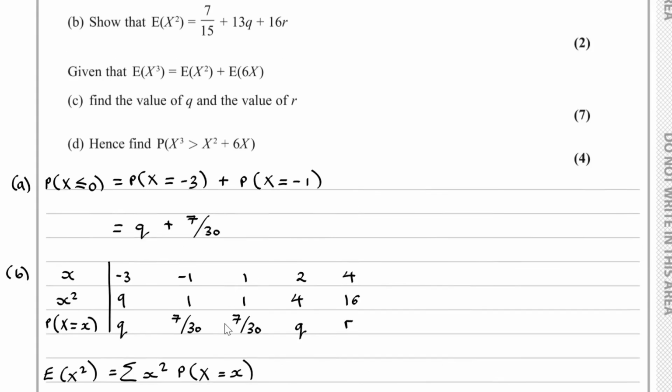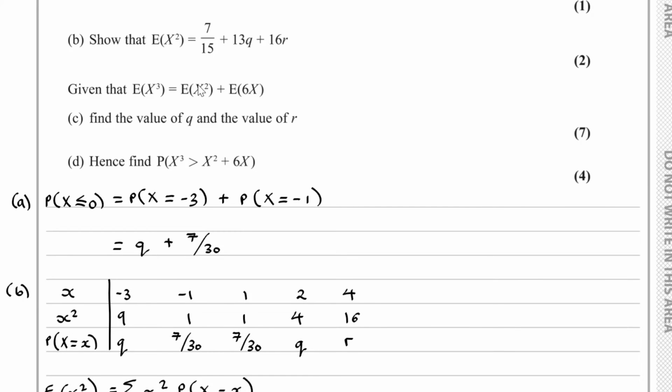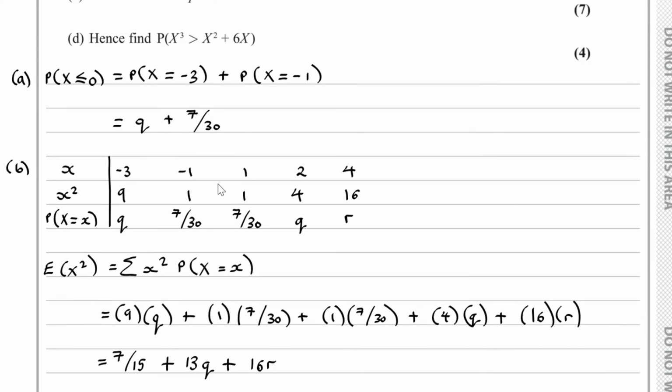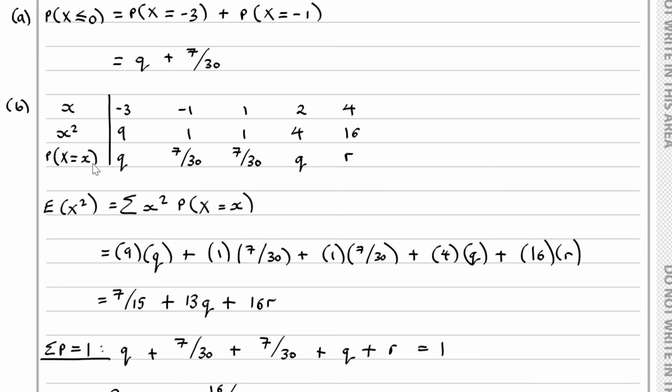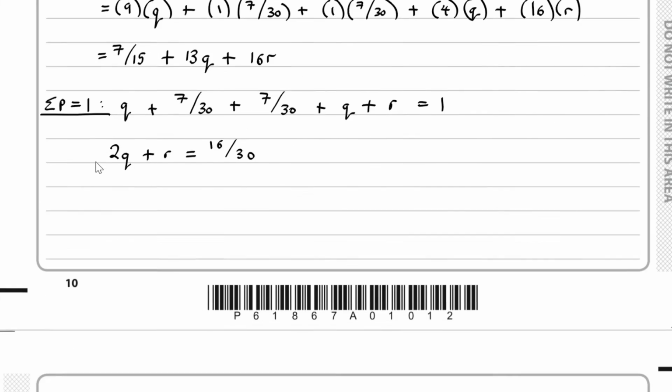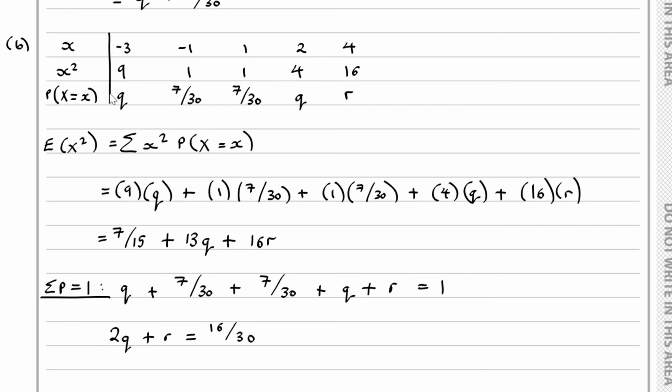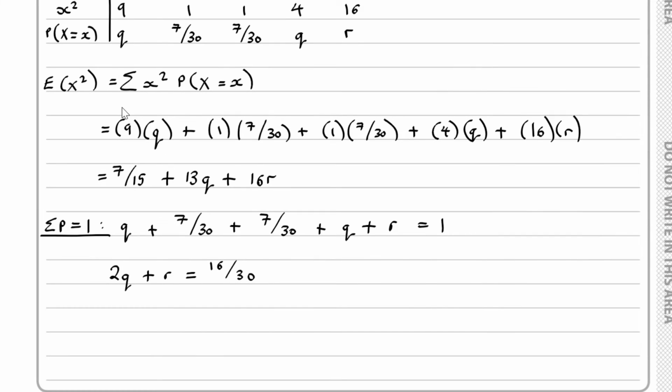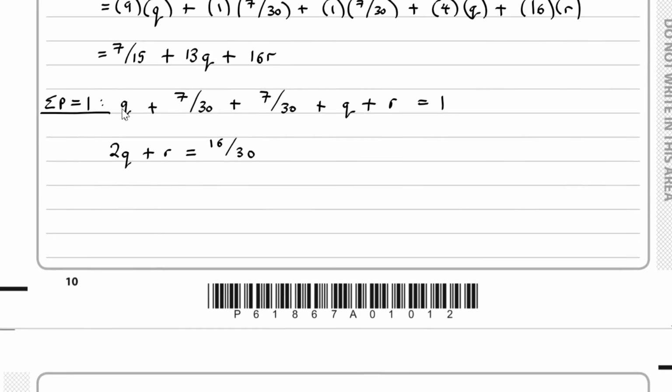Now, what we can do over here, well, here we've got something involving an x squared, and what we can also do is work out the expected value of x with it. So the expected value of x is equal to the sum of the x's times the probability that X is equal to x.